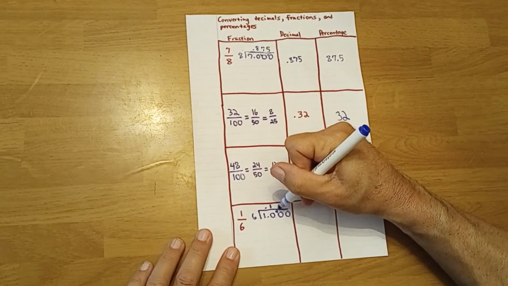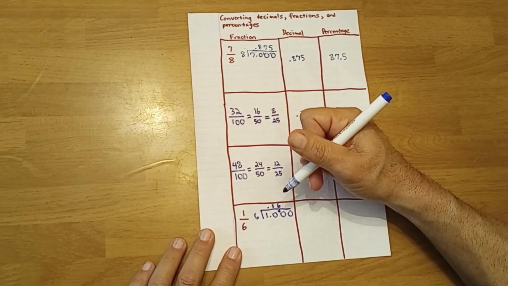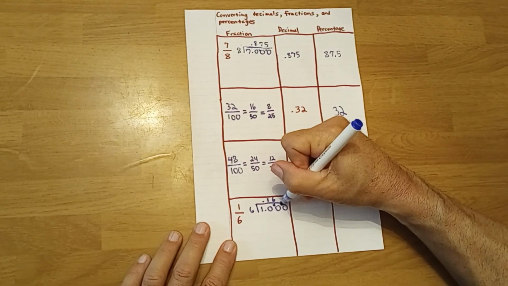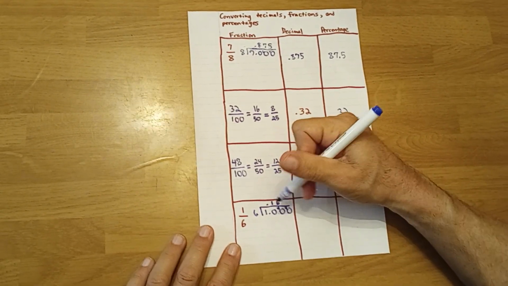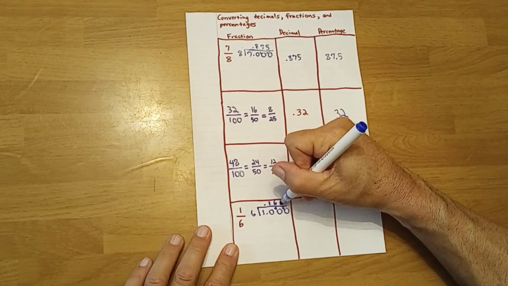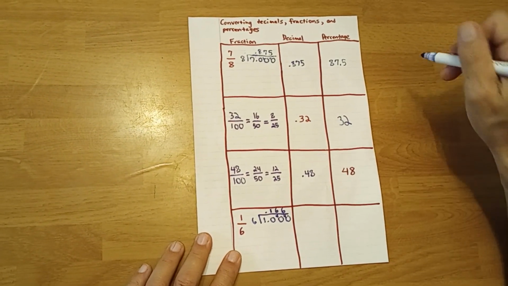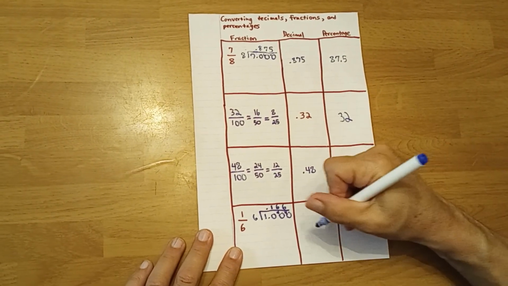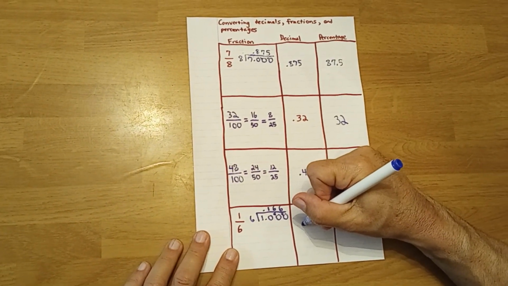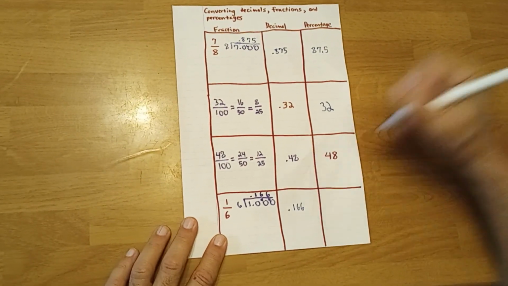6 goes into 40 6 times. And since 6 times 6 is 36, there are 4 left over. And again, 6 goes into 40 6 times. And we see that this is going to be a repeating decimal. The 6 is going to go on forever, right? So the decimal form is 0.166.